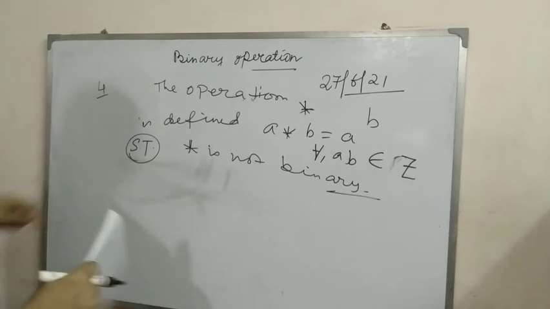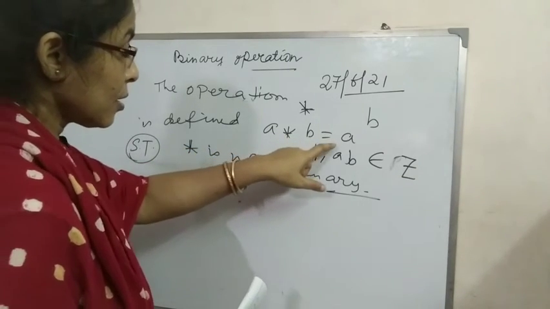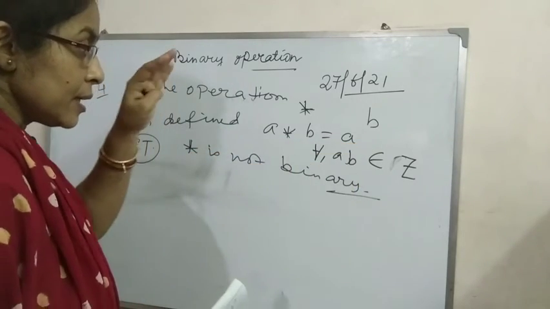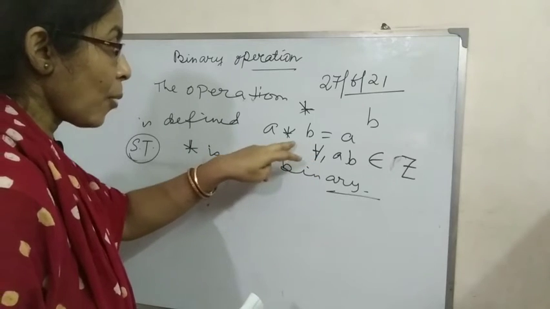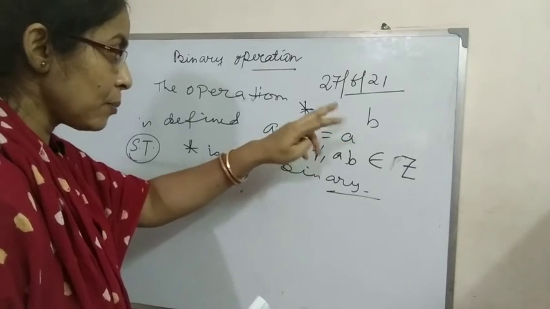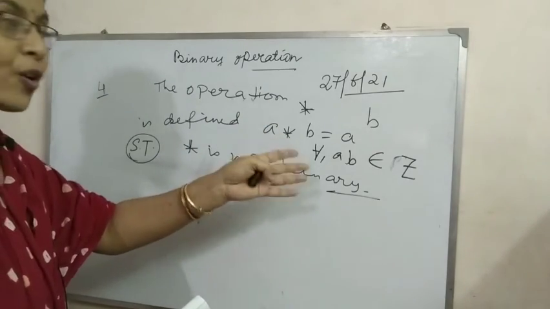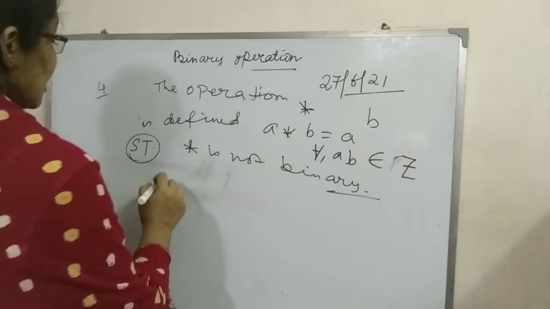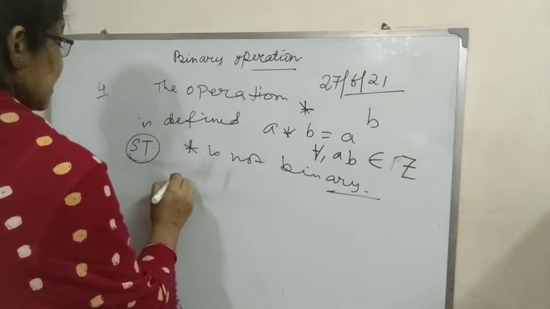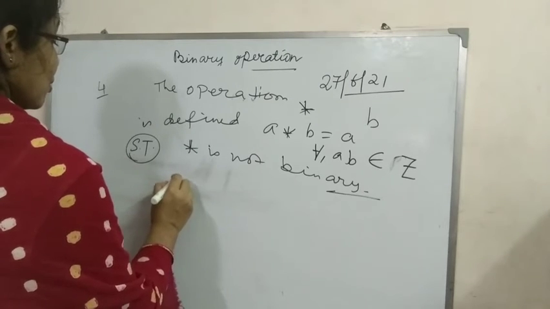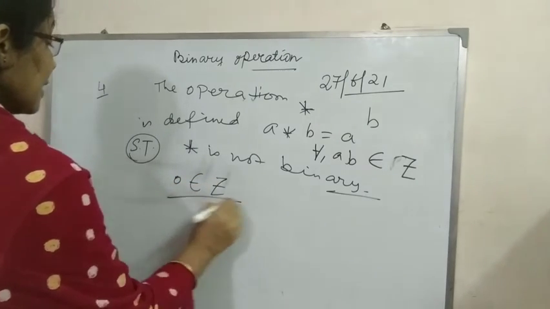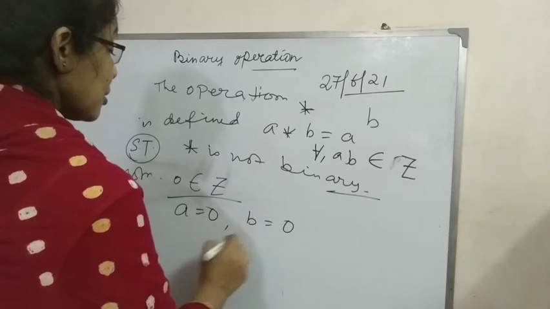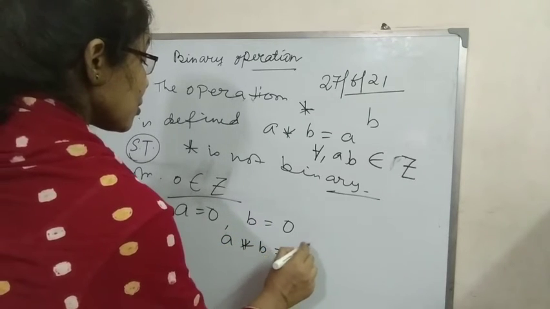We have to prove: it is given that A operation B equal to A to the power B. If I prove A to the power B belongs to Z for all A, B belongs to Z, then I can tell operation is binary. If I take 0 belongs to Z, if A equal to 0 and B equal to 0, then A operation B equal to 0 to the power 0.